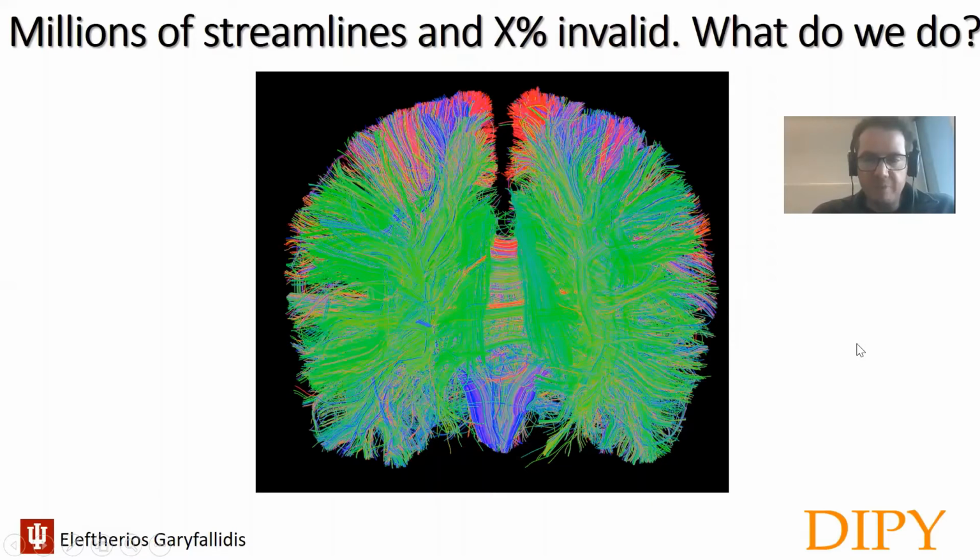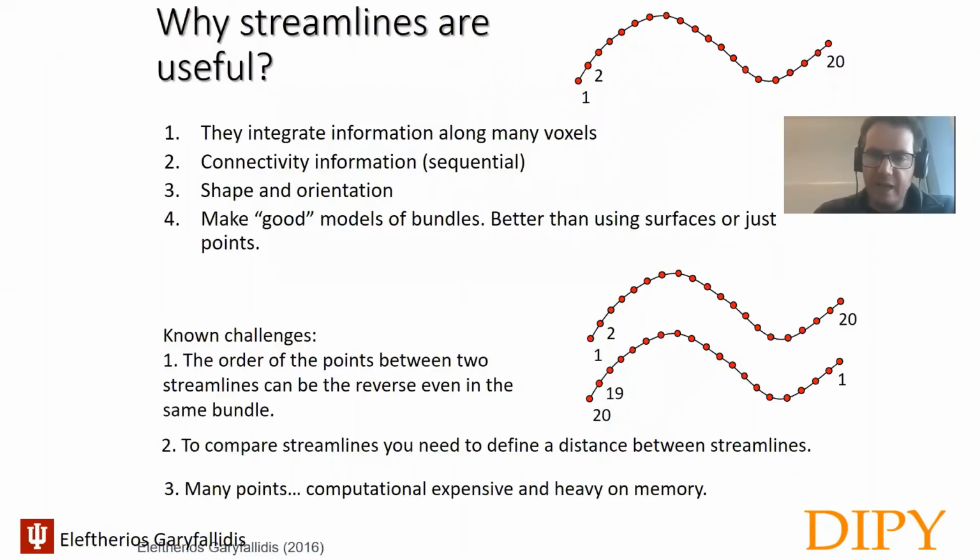One of the very important concepts here to understand is the streamlines themselves. The streamlines themselves, they have a data structure that looks like this. So you have here one point of the streamline and second point, third point, and so on. Here this streamline has 20 points.